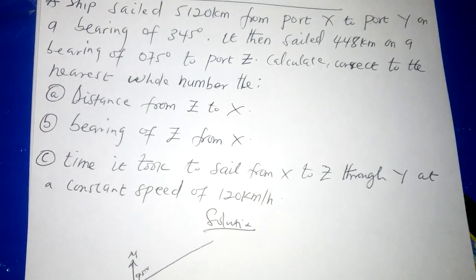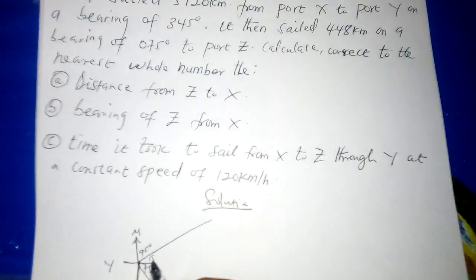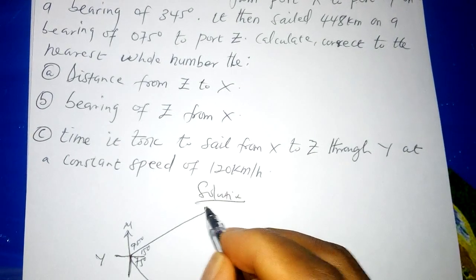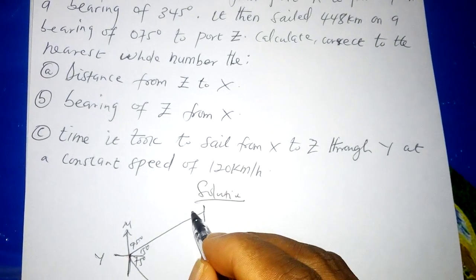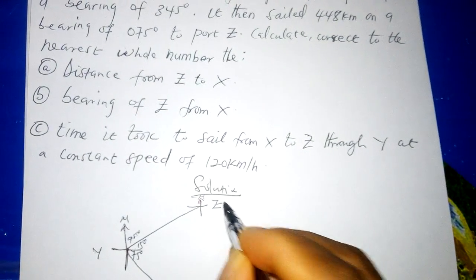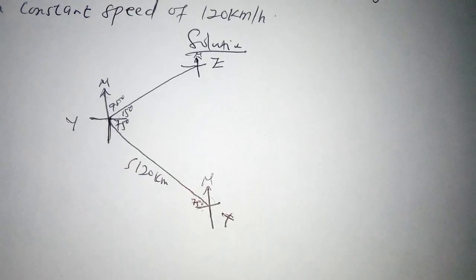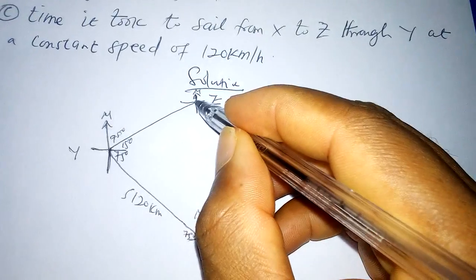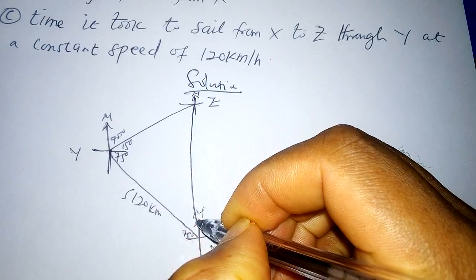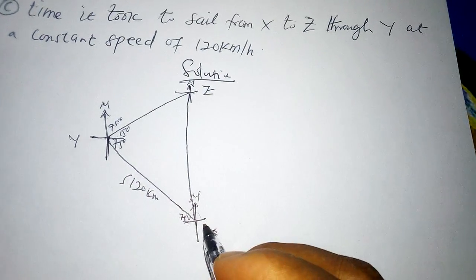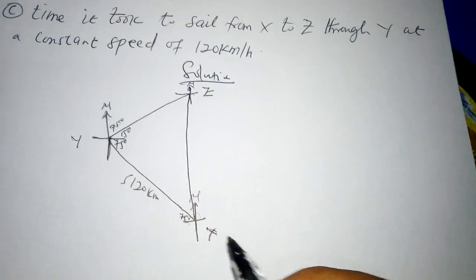Here is 75 degrees, that's the bearing, so here will be 15 degrees to give me 90. My North Pole is here, this is my Z. So I just join this and this together.